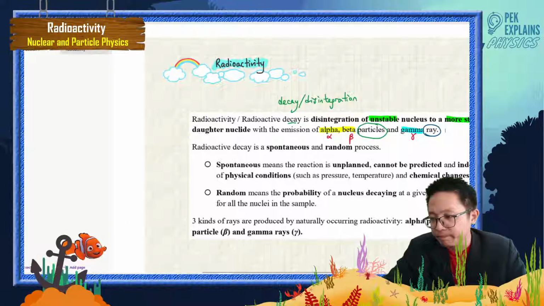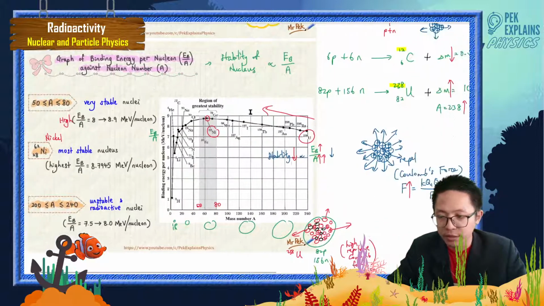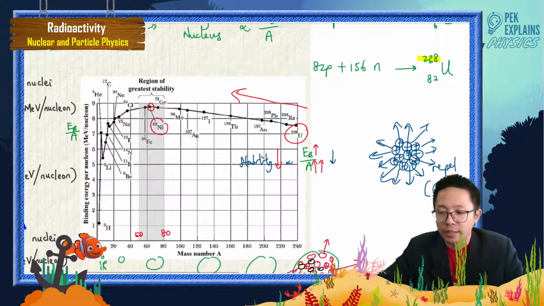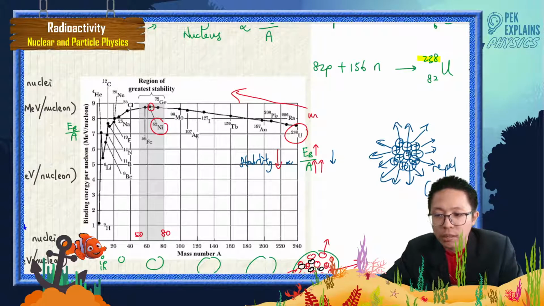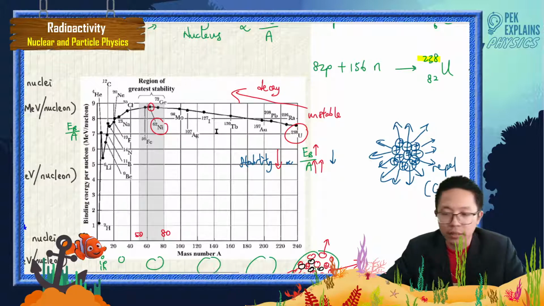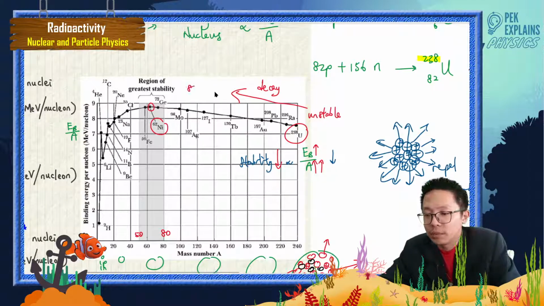Because earlier we talked about the binding energy per nucleon graph against nucleon number. Let's say uranium: this is unstable because it has lower binding energy per nucleon. So it tends to decay so that it moves to the left-hand side of the graph, forming a stable nucleus.